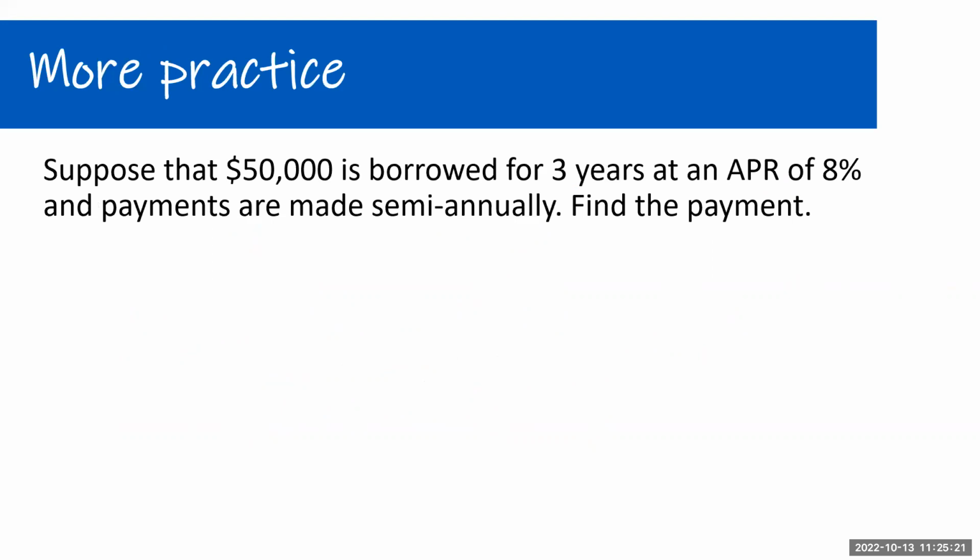Let's do one more. Let's say that you're borrowing $50,000, so that's going to be your P, for 3 years, so that's your T, at an APR of 0.08 or 8%. And payments are made semi-annually. Remember, semi-annually means every 6 months. So we're going to have N equals 2 here. So we want to find our payment.